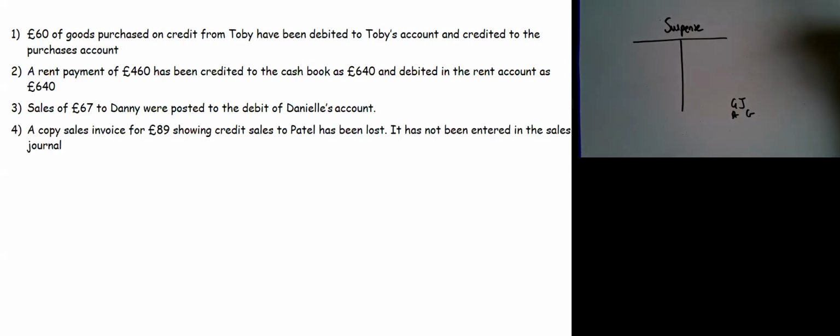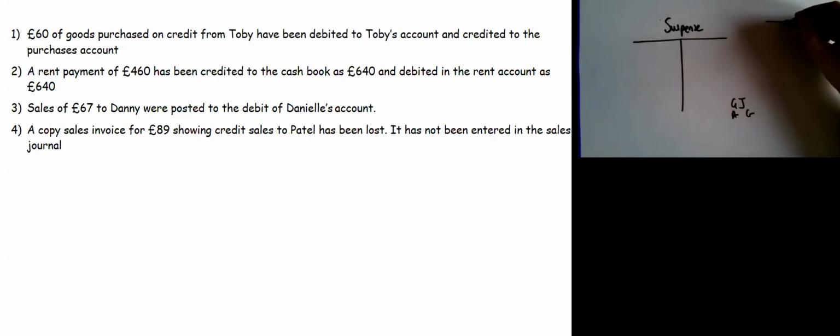Suspense account is coming soon. A copy sales invoice for £89 showing credit sales to Kel has been lost. It has not been entered in the sales journal. So it's been lost, so therefore it hasn't been entered into our accounts. So it should have, looks like, well, if it's sales invoices, sales.